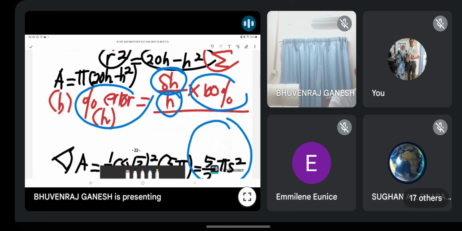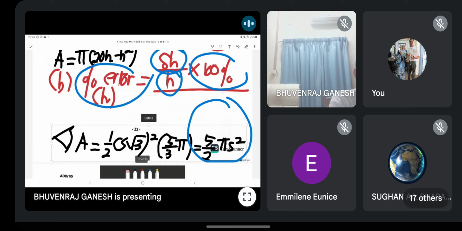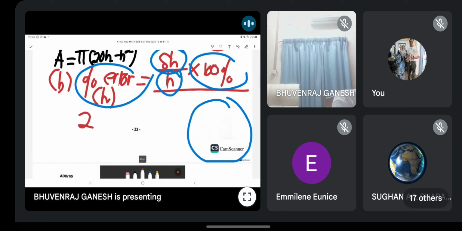So after this, you look back at the question, they say 2%. So you substitute 2%. So 2% equal to, over here, you must find your delta H. Okay, delta H tak diberi pada kamu if you look at the question. Now, your H, you maintain H, then times 100%.